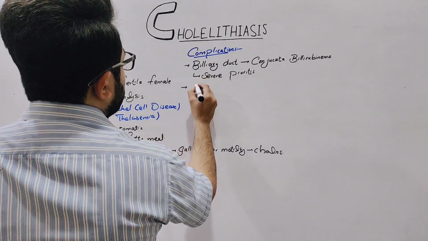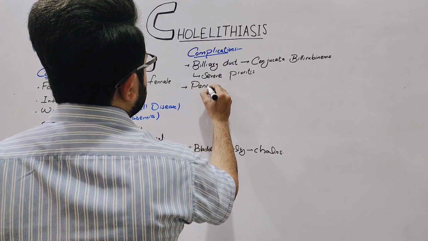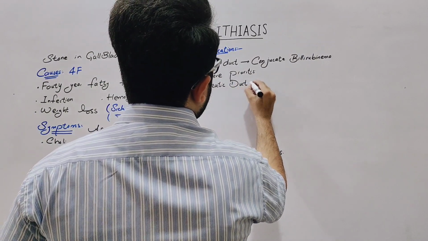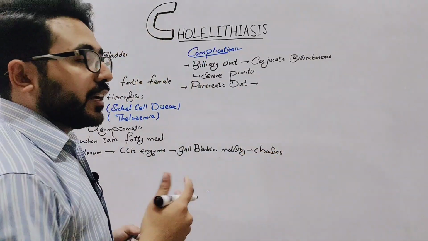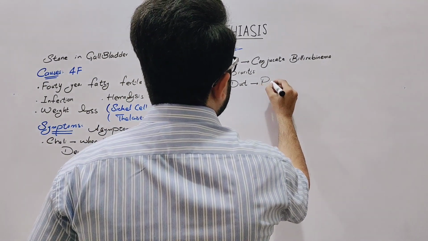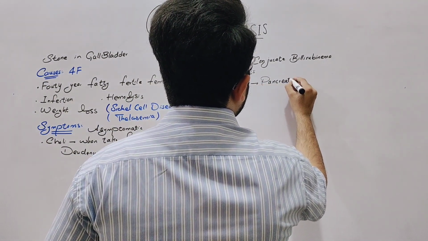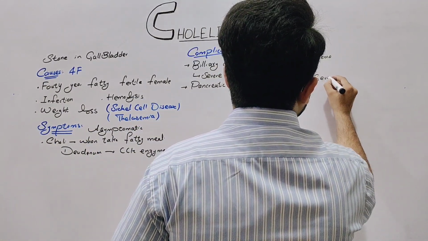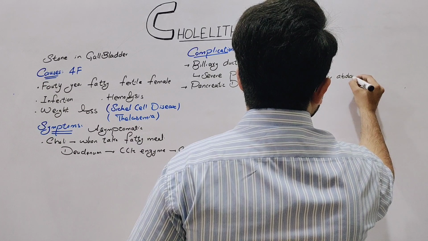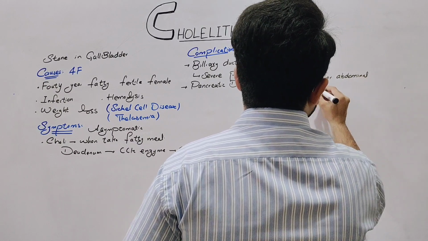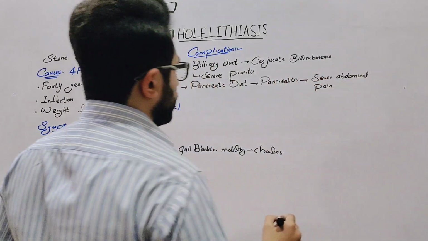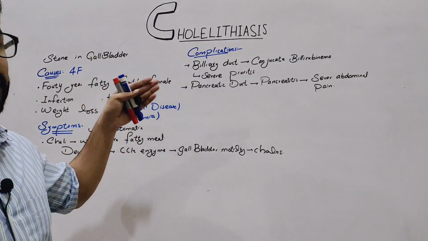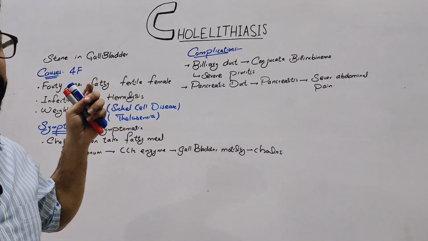Or if it enters the pancreatic duct, it will cause pancreatitis, with severe abdominal pain. Untreated cholelithiasis can cause pancreatitis or bilirubinemia.